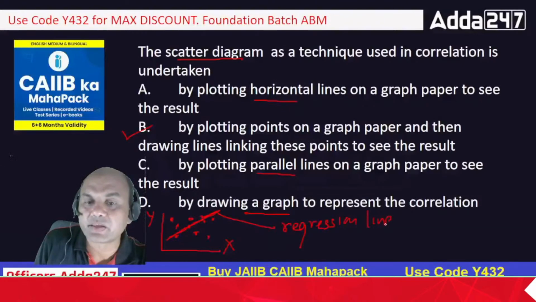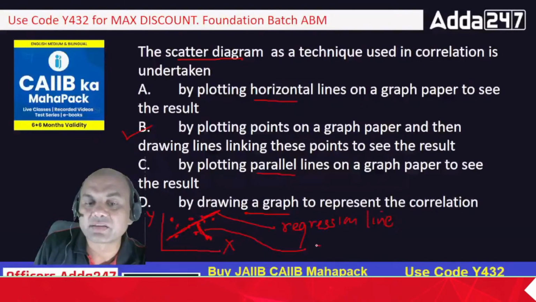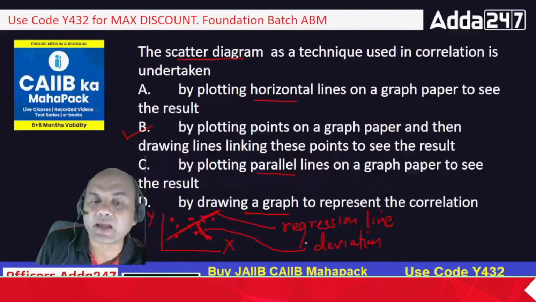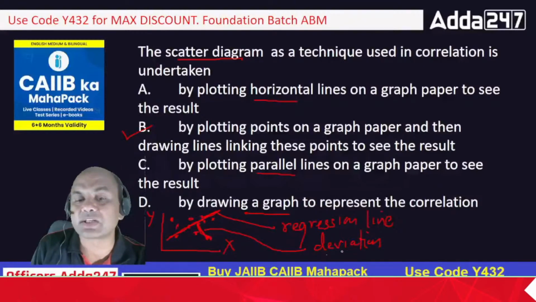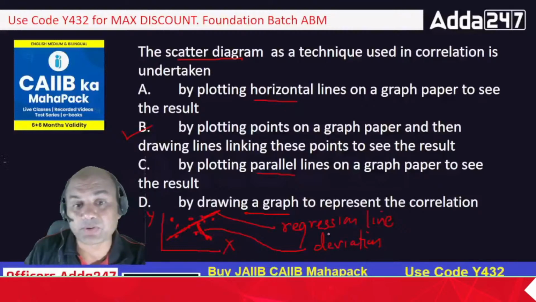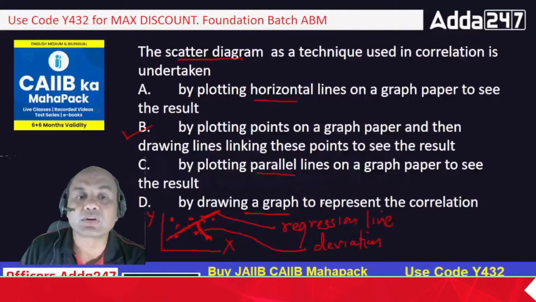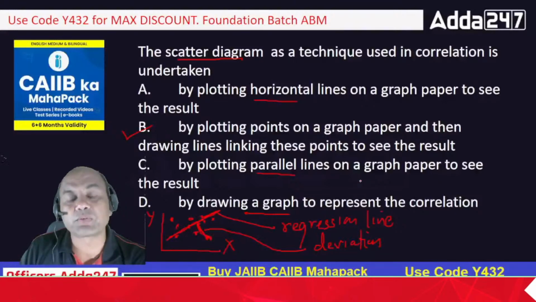If this is the regression line, then this distance over here is known as deviation. The total of all the deviations divided by the number of elements is called standard deviation. Very important points: deviation, standard deviation, and this regression line.